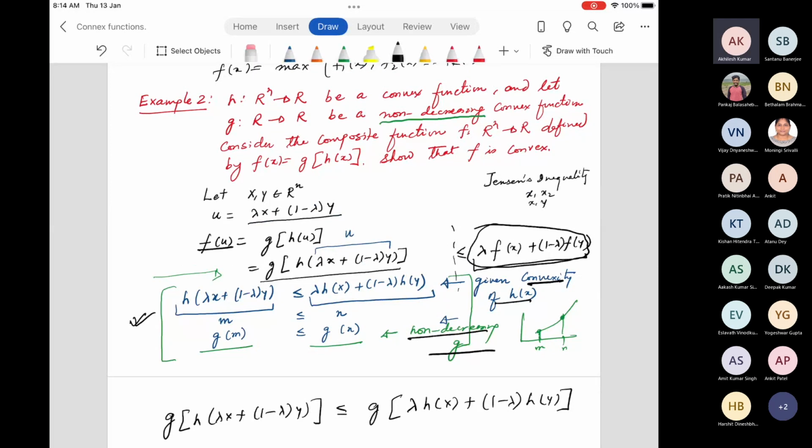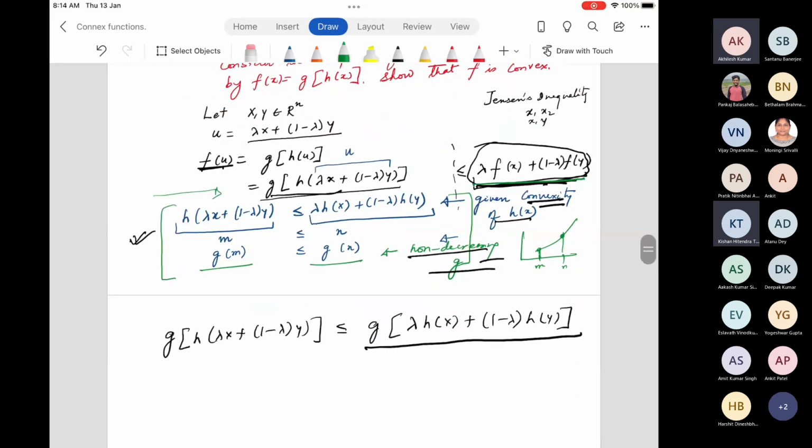We started from here, then we used the convexity of h(x) and the non-decreasing nature of g, and we reached this point. From here, I need to reach here. Can you convert this expression into this expression? Sir, g is also a convex function, so we can write. So we need to use the property that g is also a convex function.